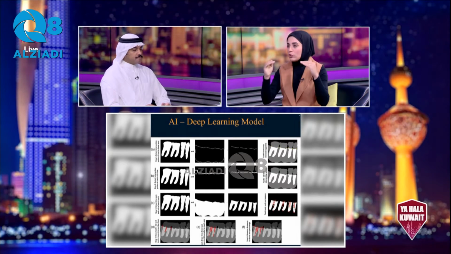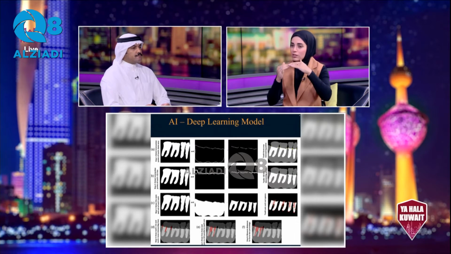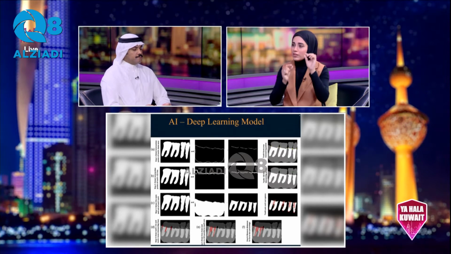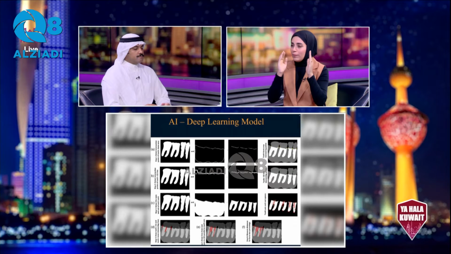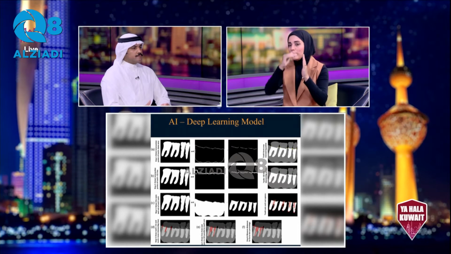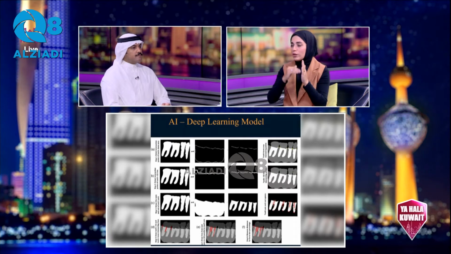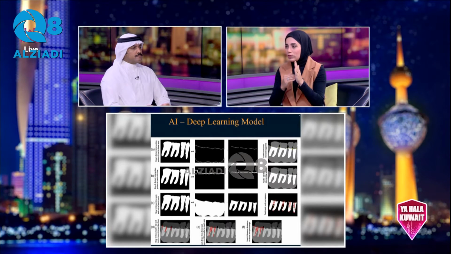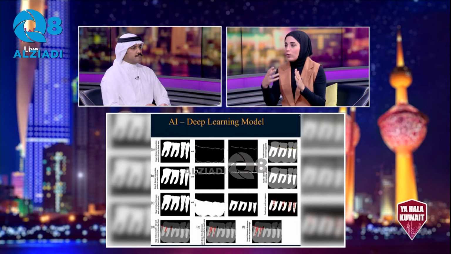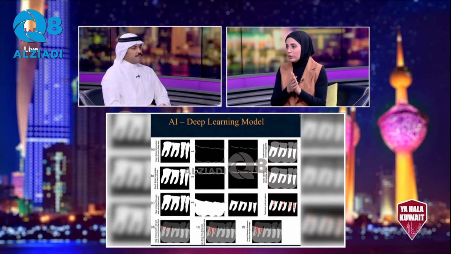We have a structure called the CEJ line, and this distinguishes the crown from the root. Exactly. So the AI points out the CEJ line, and then it points out the bone level. It measures how much bone loss has occurred from the CEJ line to the bone level, and it measures this distance, and it tells you the staging, or basically the severity, of periodontal disease.